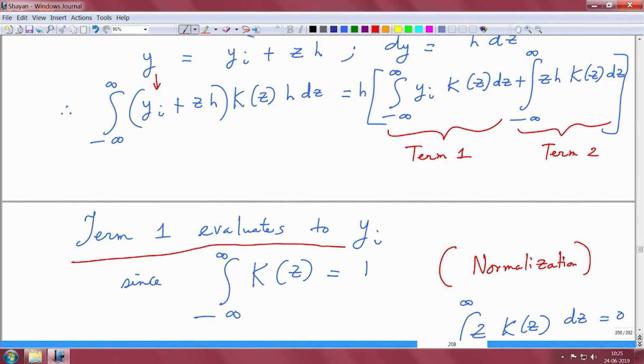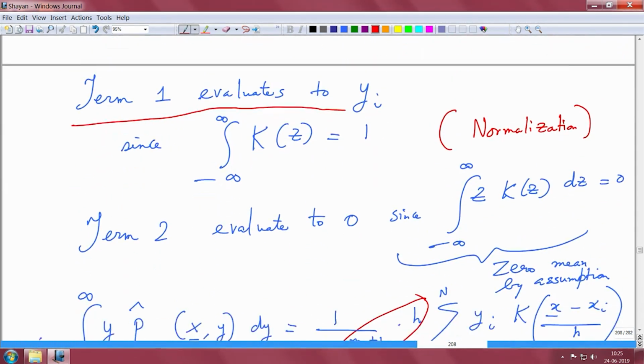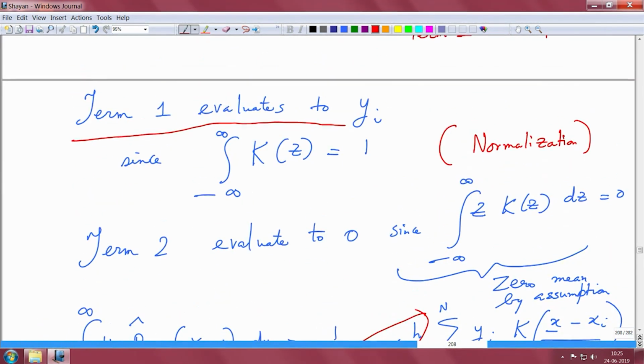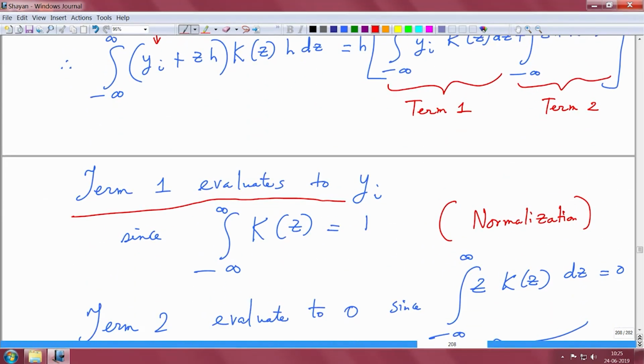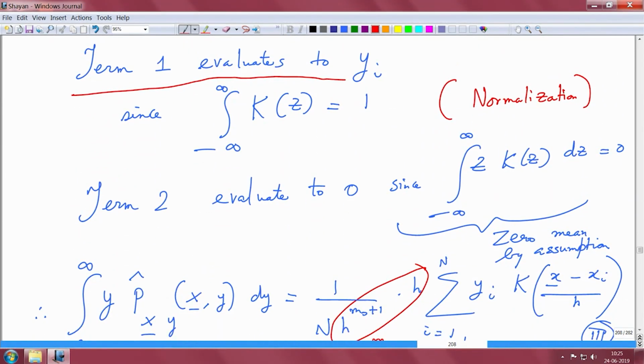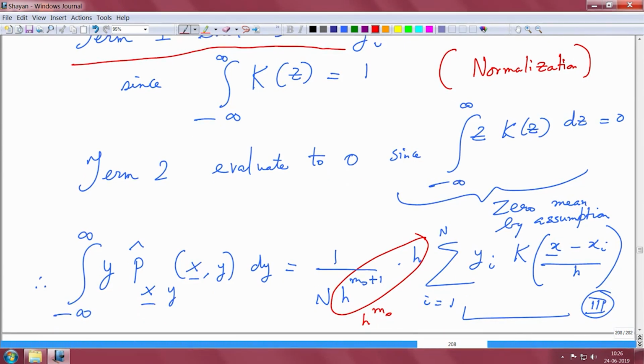So, we have a scale factor h sticking out of term 1. So, we plug that in, and we also have this y sub I which also comes out of this integral. So, we pull this out. So, all we have is this equation here, which is basically this quantity 1 upon n power h power m naught plus 1 times h times this summation I equals 1 to n y suffix I, the kernel evaluated at x minus xi upon h. So, there should be a vector here.